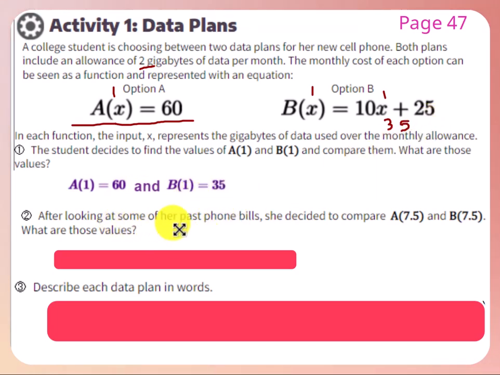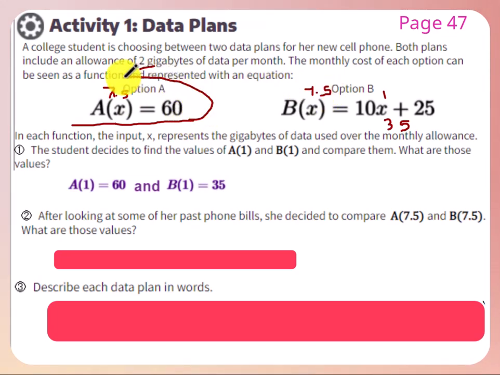Now, after looking at some of her past phone bills, she decides to compare A of 7.5 and B of 7.5. So we're going to do the same thing, but instead of substituting in 1 for X, we're going to substitute in 7.5.